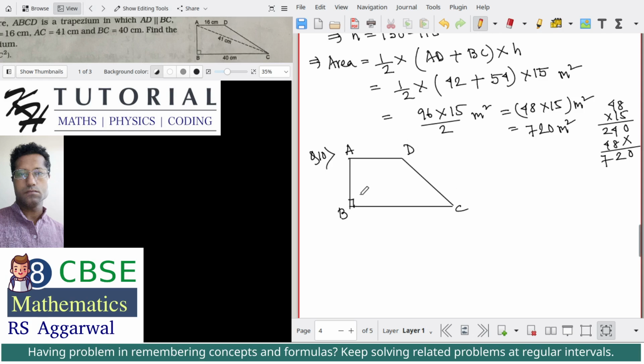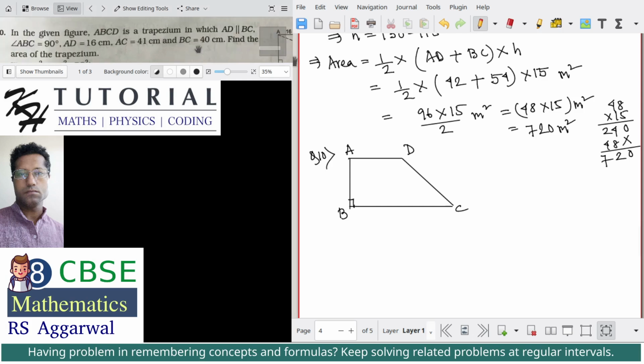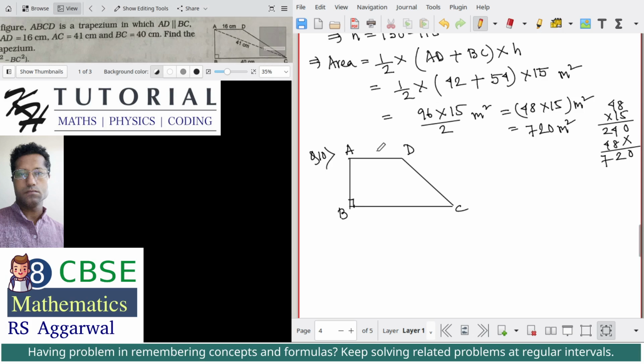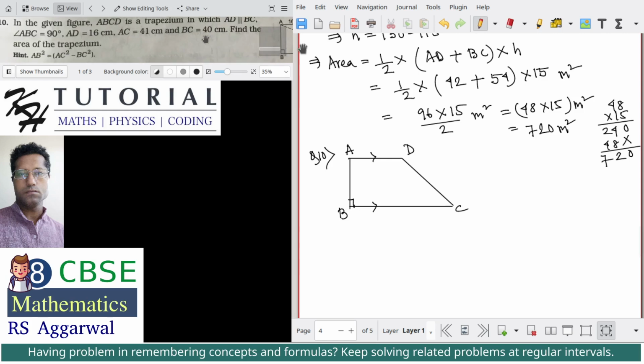AB is perpendicular to BC. So in the given figure, ABCD is a trapezium in which AD is parallel to BC, and it is given angle ABC is 90 degree. So basically AB is perpendicular to BC. This implies height is equal to AB.